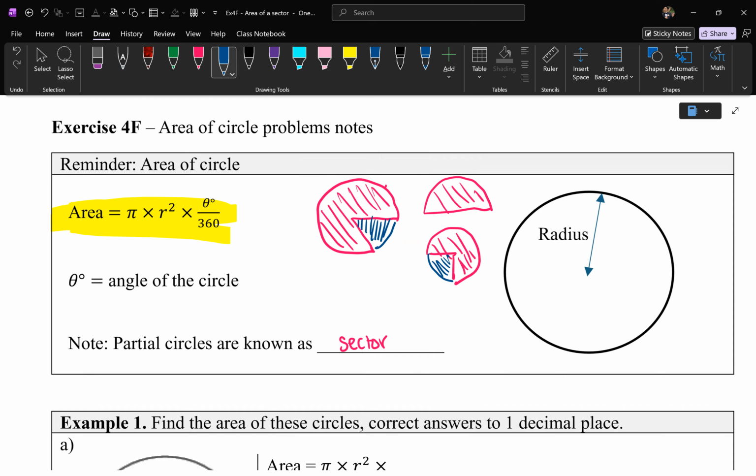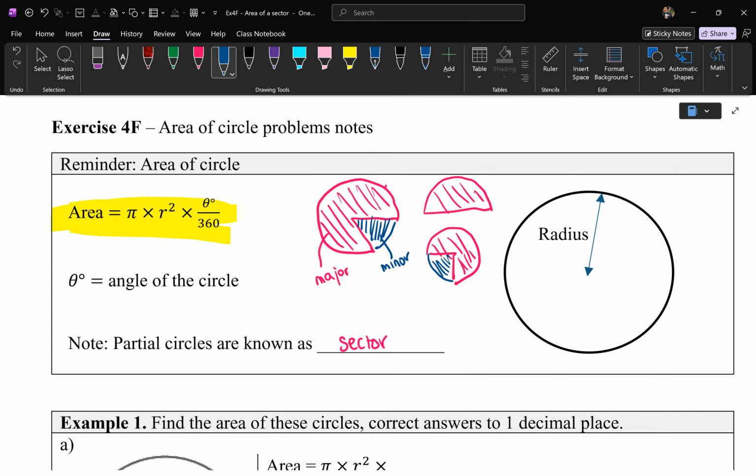The big portion we call major sector, and the small portion we call minor sector. Okay, so when I ask you later, I might say, are we looking for a major sector or a minor sector? And all I'm asking is, are we looking for the bigger area or the smaller area? Bigger area has a bigger angle, the smaller area has a smaller angle.